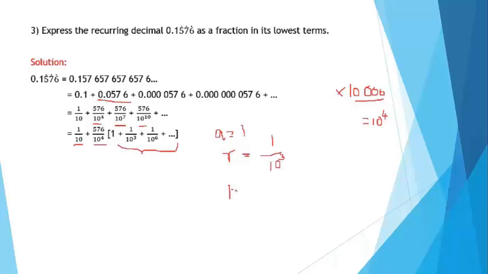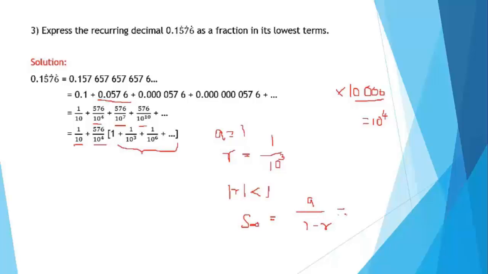And the modulus of r is less than 1. So since the modulus of the common ratio is less than 1, this series is convergent. As this is convergent, we can find the sum to infinity for this series, which would be S infinity equals a over 1 take away r.